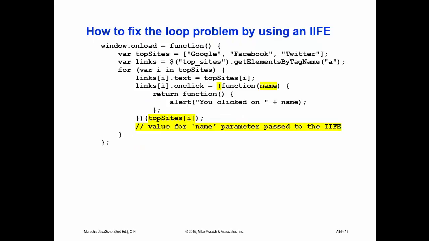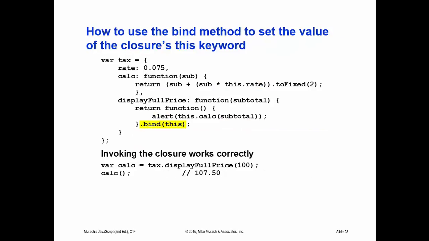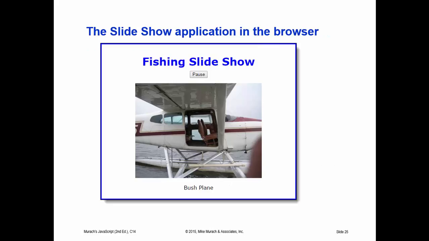So the author next comes in here and wants to redo the slideshow application that was done in an earlier chapter so that it uses closures. In the example, it protects the variables and functions that the app needs for internal operations.